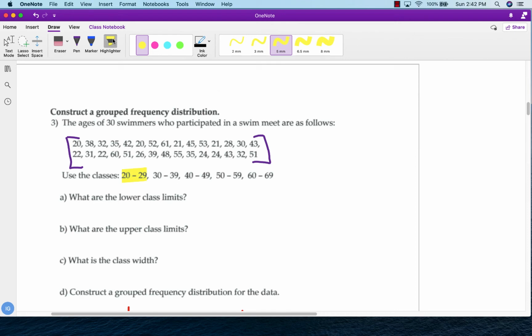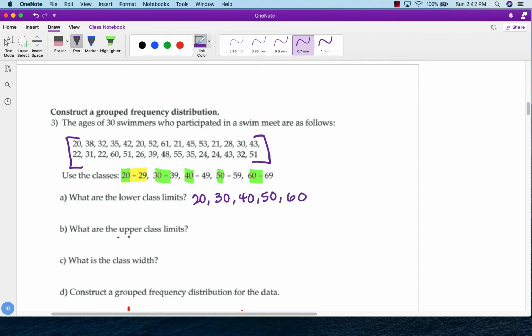Now it says what are the lower class limits? So the lower class limit will be 20, 30, 40, 50, and 60. That's the lower one. Now the upper one will be the other one.